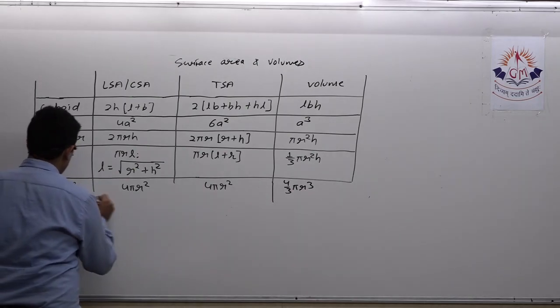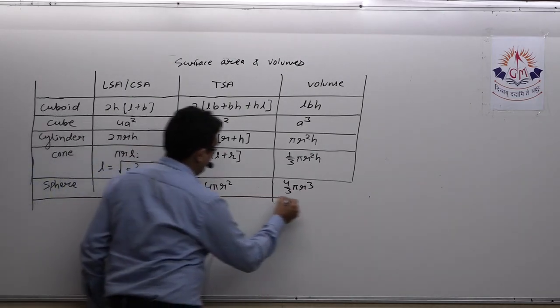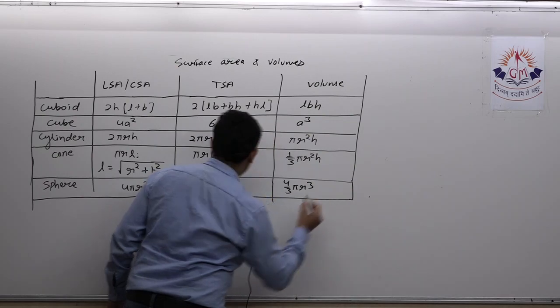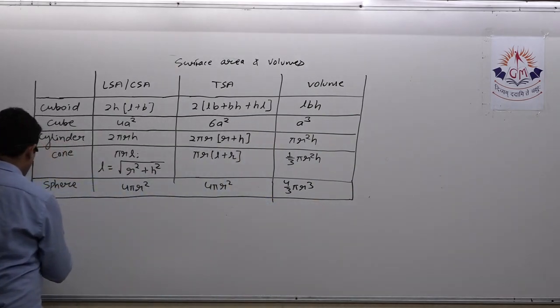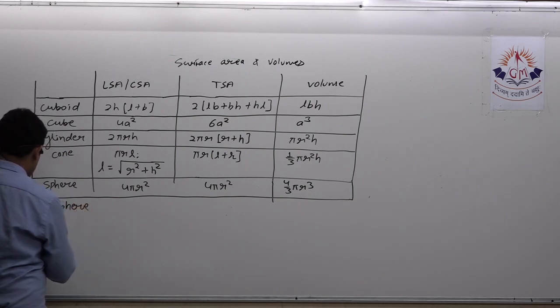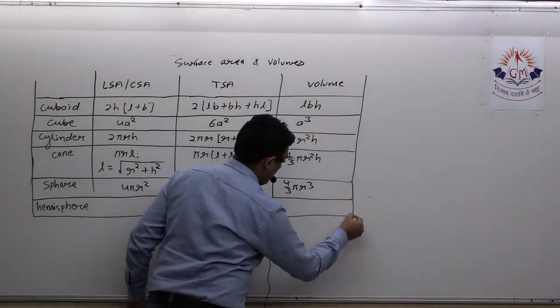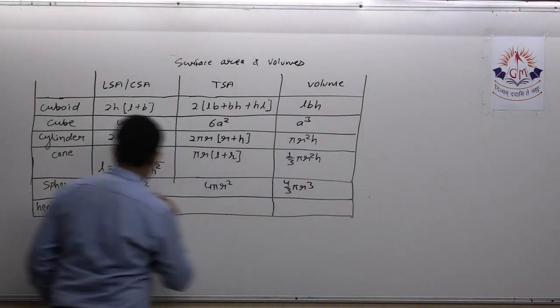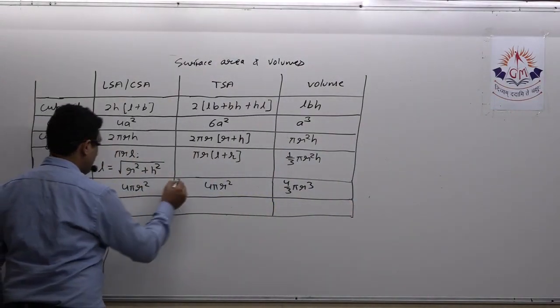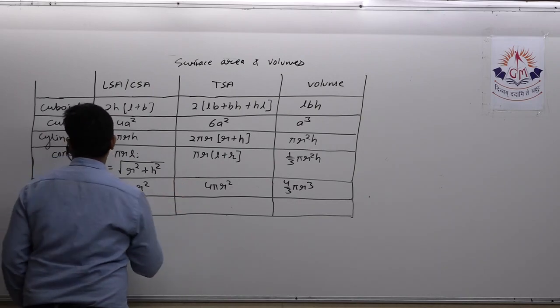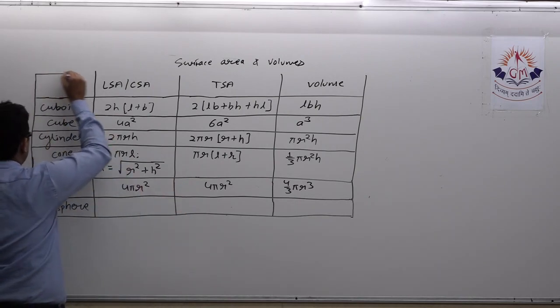And finally the last one is hemisphere. All its formulas are almost half of the sphere's.